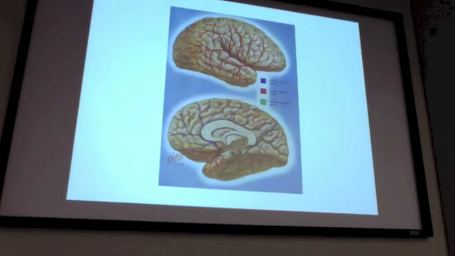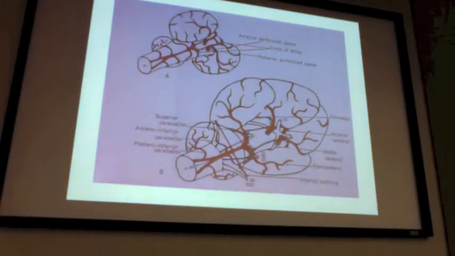How this all happens is really kind of cool. It happens in a structure that evolved to give us an incredible survival advantage, and this is called the circle of Willis.